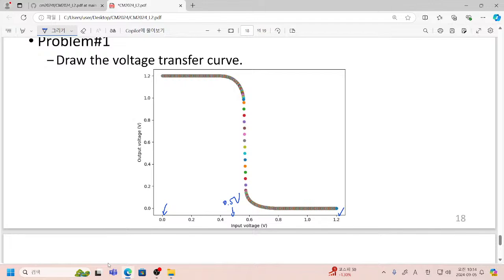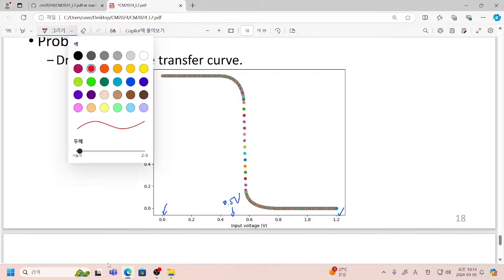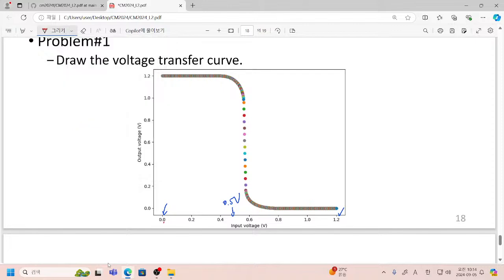And my question, or homework problem, is just to try to draw this voltage transfer curve. As you can see here, it shows really good characteristics. If we have a 0 input, it has the 1.2 VDD value, and if we have a VDD input, it gives us exactly 0.